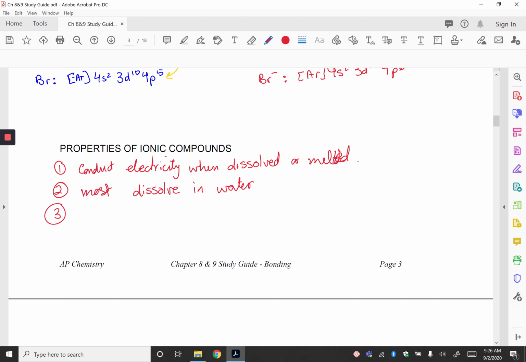At room temperature, they have such high intermolecular forces because of that attraction between the positive and the negative ions, and so they are really hard to get to melt. They have high melting points, which means they're solid at room temperature, and they exist usually in the form of crystals. So they are crystalline solids at room temperature.